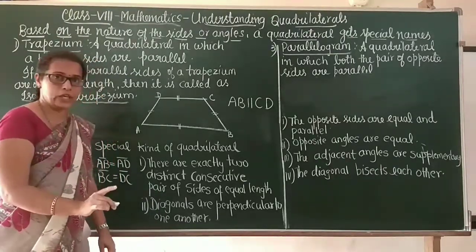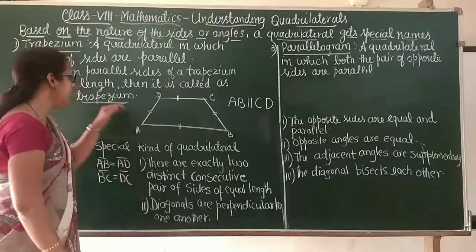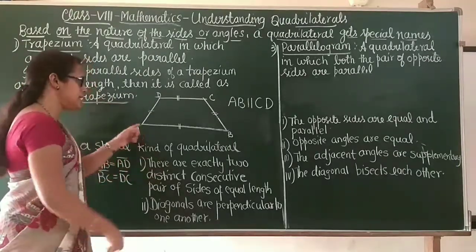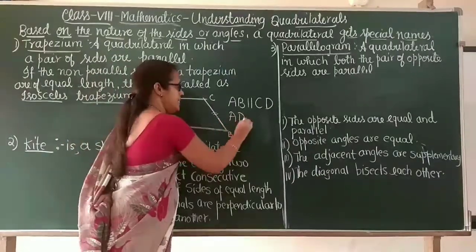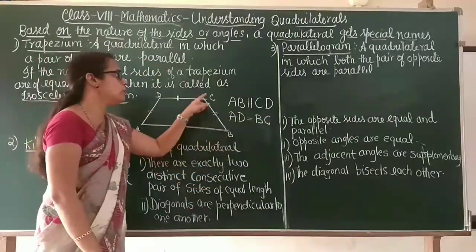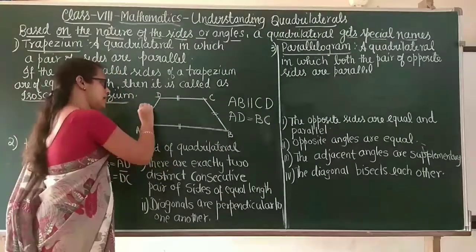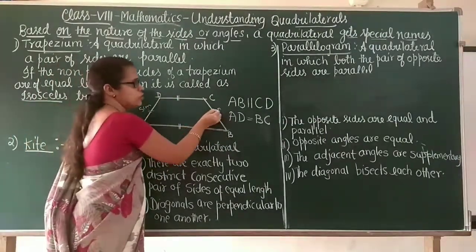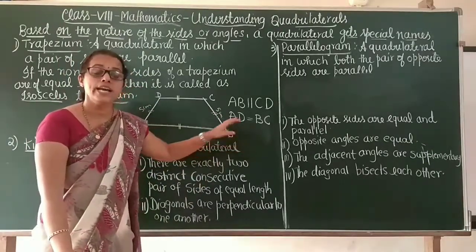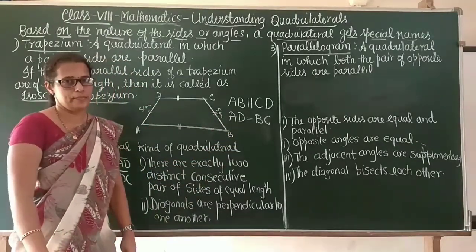If they are equal in length, then it is called an isosceles trapezium. That is, AD is equal to BC. If AD is 5 centimeters, BC is also 5 centimeters. Then it is called an isosceles trapezium.